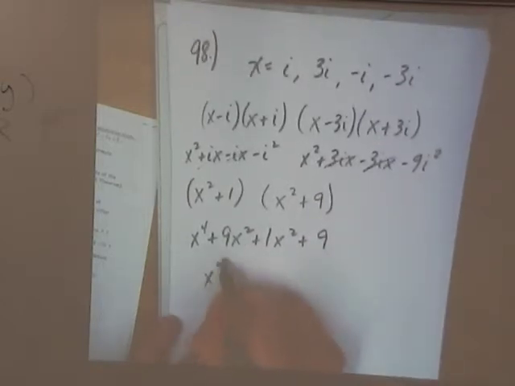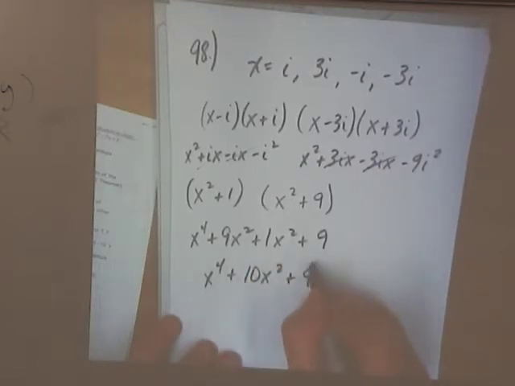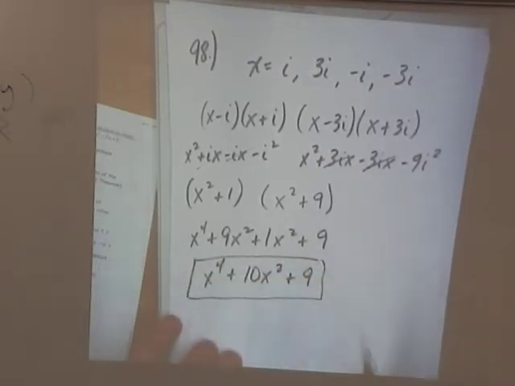So it's x to the 4th plus 10x squared plus 9. Questions on those three?